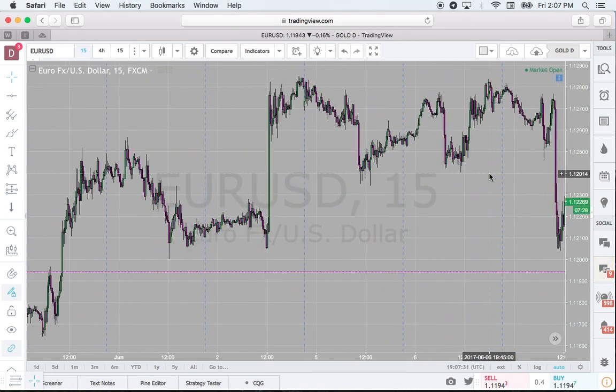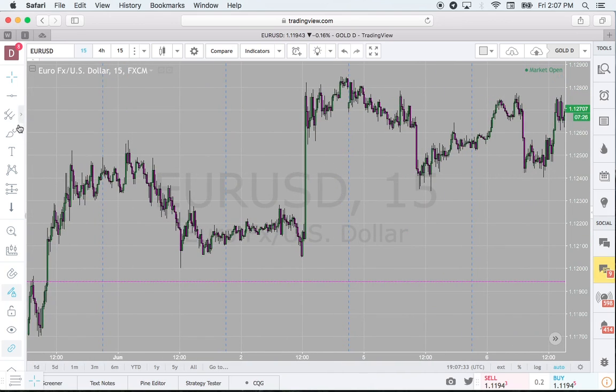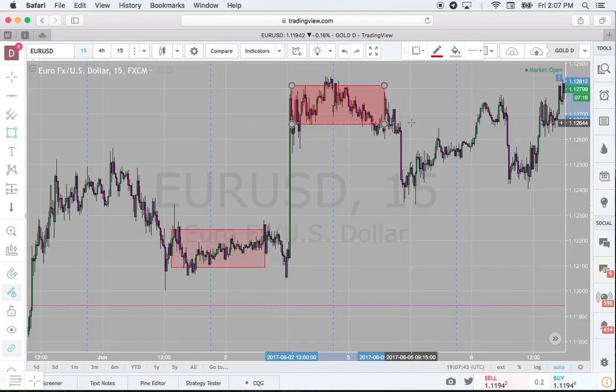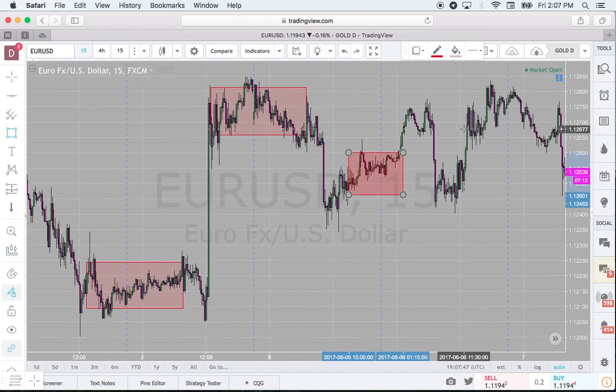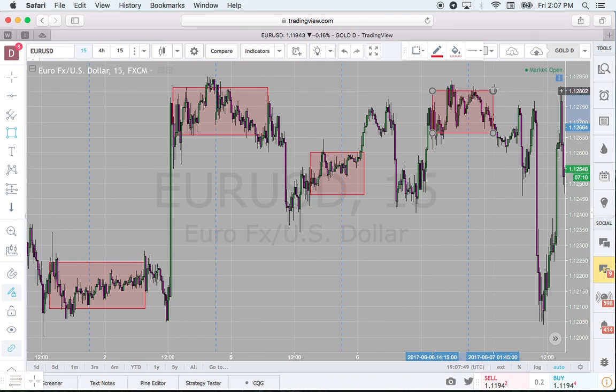So each session will have consolidation at the start and end of each session, like you can see here.